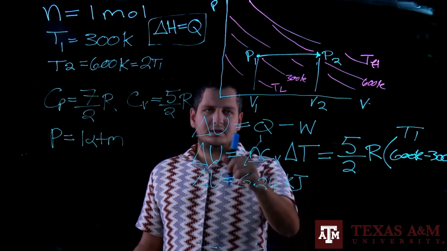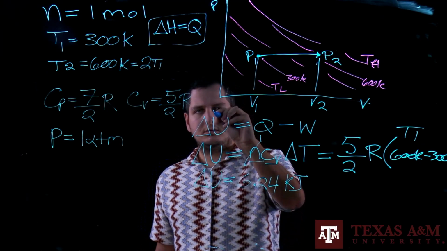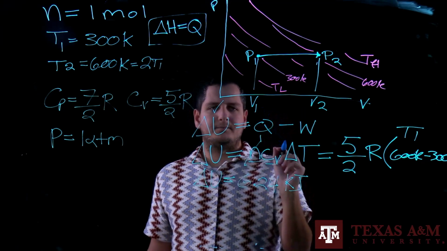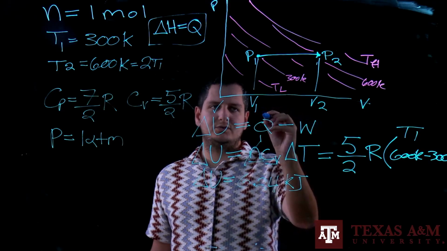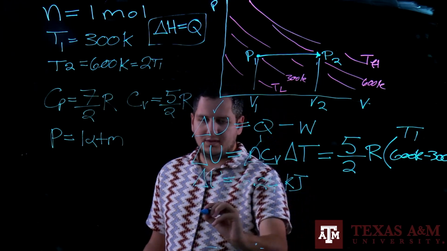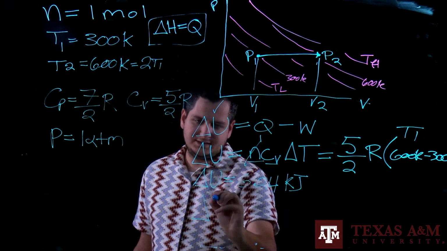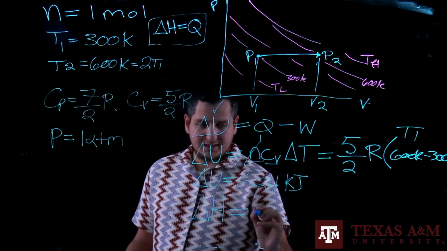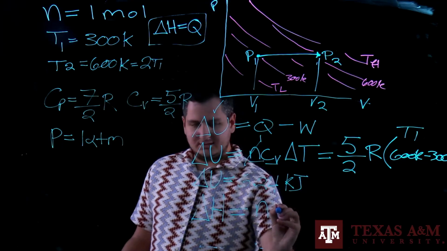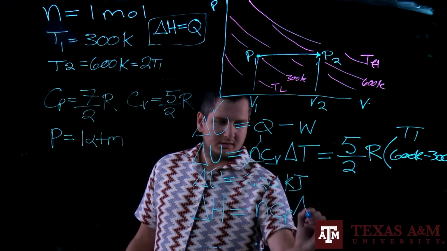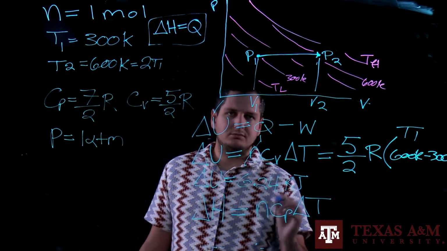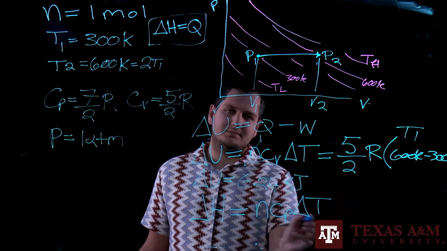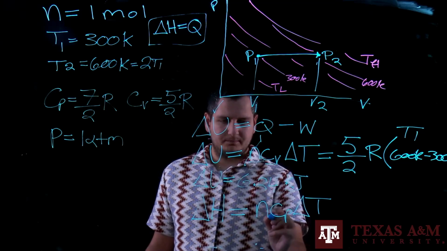If we look here, we know U. We know there's a work term. We don't know it yet. We don't know Q. But we know Q is equal to the change in enthalpy. But again, for an ideal gas, what you can say is enthalpy is equal to this. You can always say that. This gets into the definition of what heat capacity is. This was derived in the lecture.